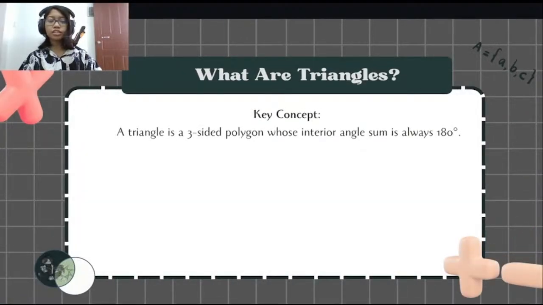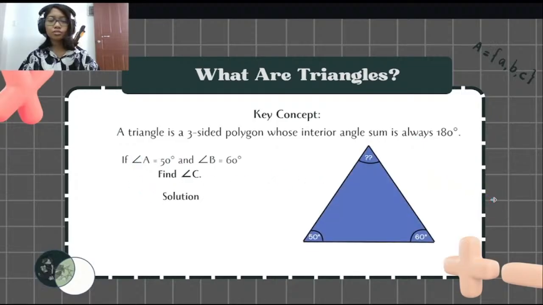A triangle is a three-sided polygon whose interior angle sum is always 180 degrees. This concept can be used to find the measurement of an angle, given the measurements of two angles. In the given example, if angle A equals 50 degrees and angle B is 60 degrees, find angle C. Solution.